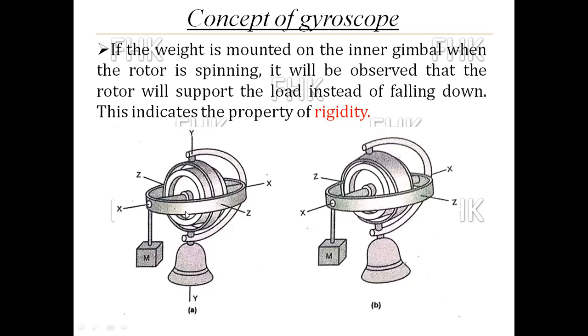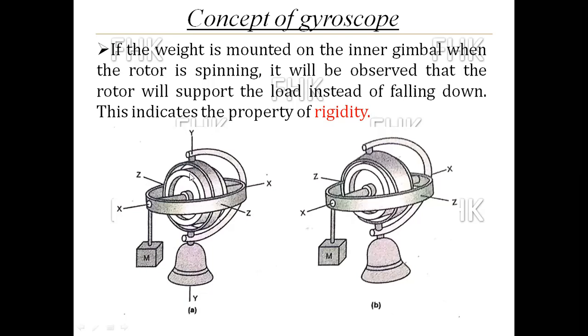That means if the rotor is rotating about the x-axis and, during the rotation, you apply a weight on the inner gimbal, that weight won't fall down due to the spinning of the rotor. That property is called rigidity.